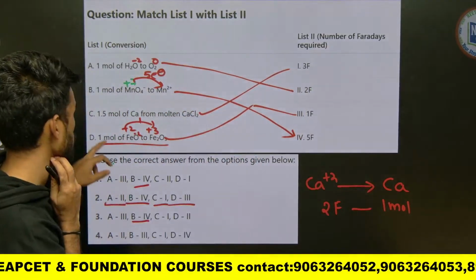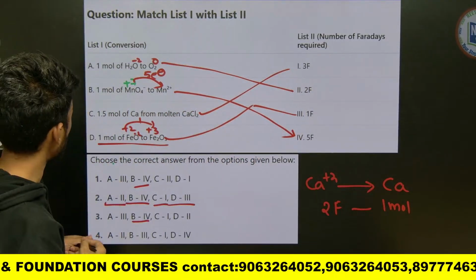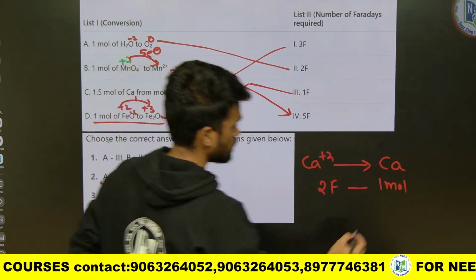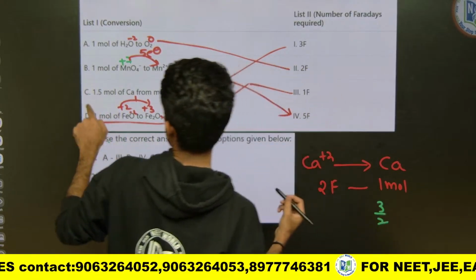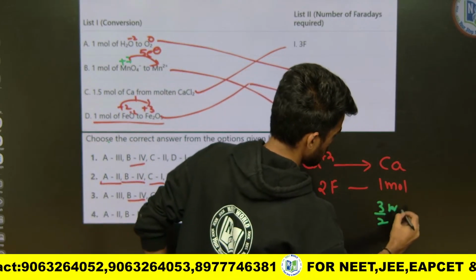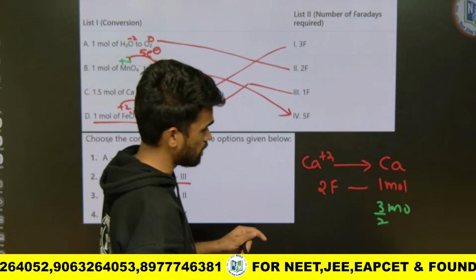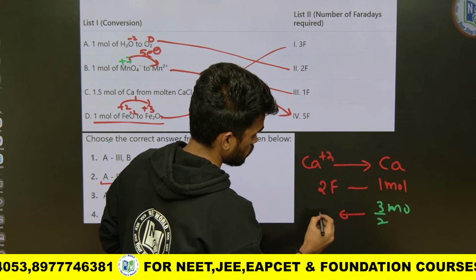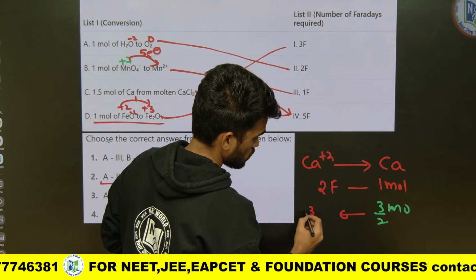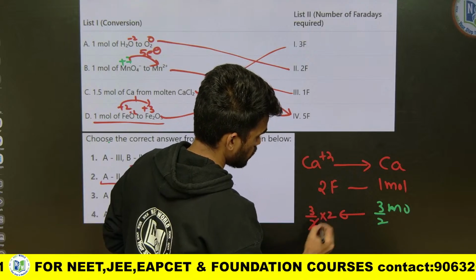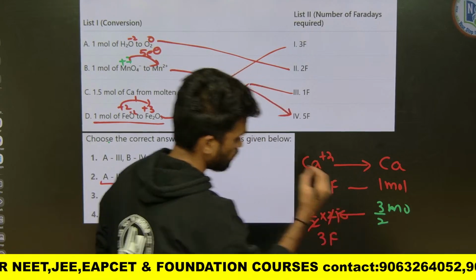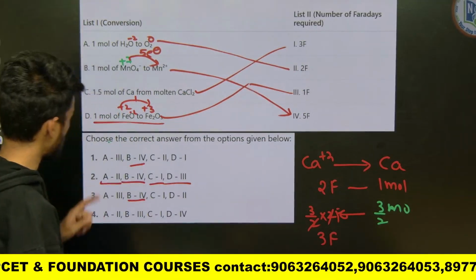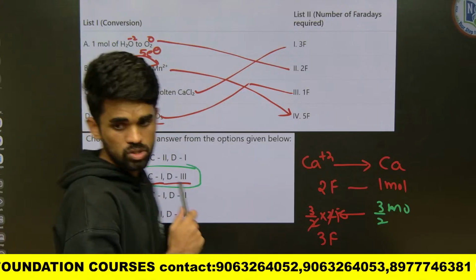They have given 1.5 moles. So 1.5 means 3/2 moles of this, how many Faradays are required? That is what they are asking now. So what we can do is multiply: 3/2 into 2 Faraday, so 3 Faradays we want. So we got 3 Faradays. So option C is 1. Hope this is clear. So our answer is 2.